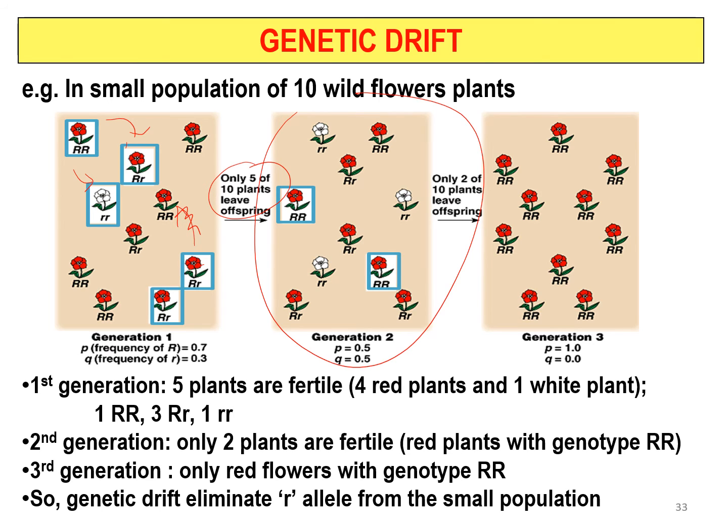Kemudian dia akan reproduce. Yang putih bertambah banyak. Okay, dan makin lama, only 2 of 10 plants leave offspring. Jadi 2 ni merah saja. Bila merah saja yang tinggalkan, maka dah tak ada bawa gene warna putih. So dia dah mengubah, gene pool itu dah berubah.